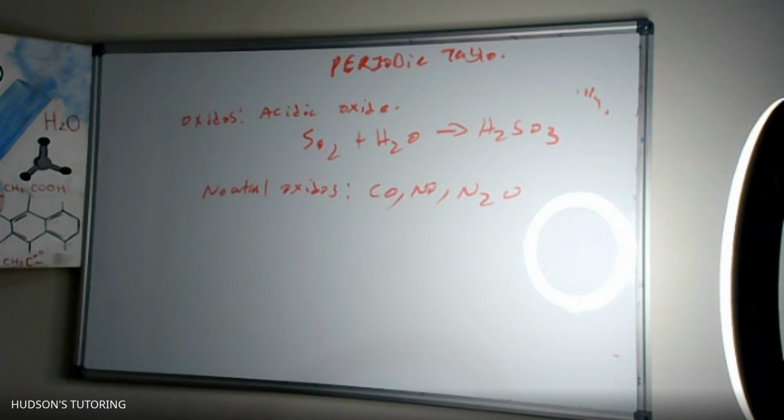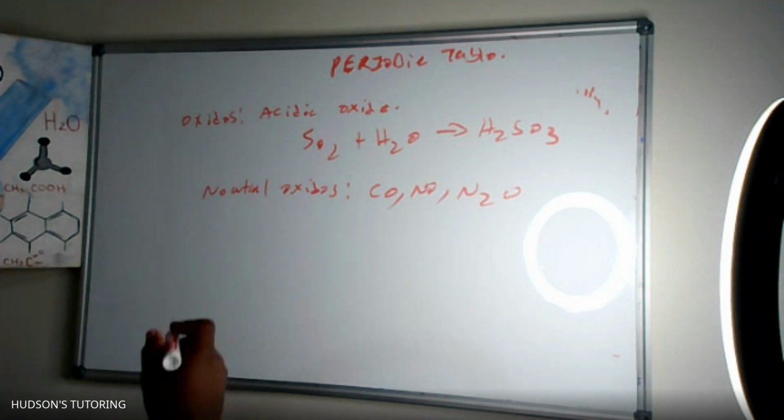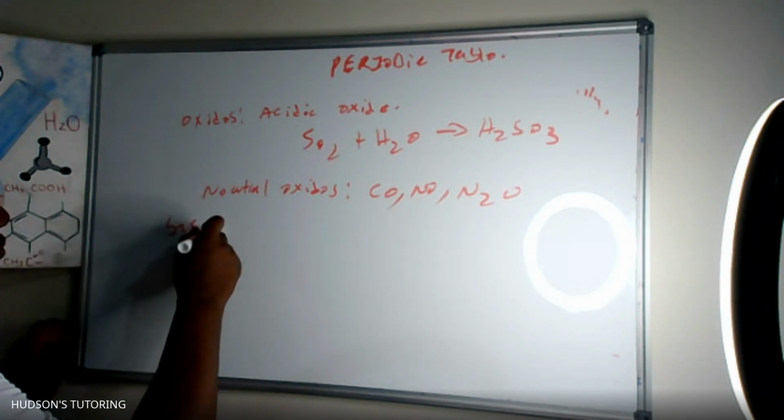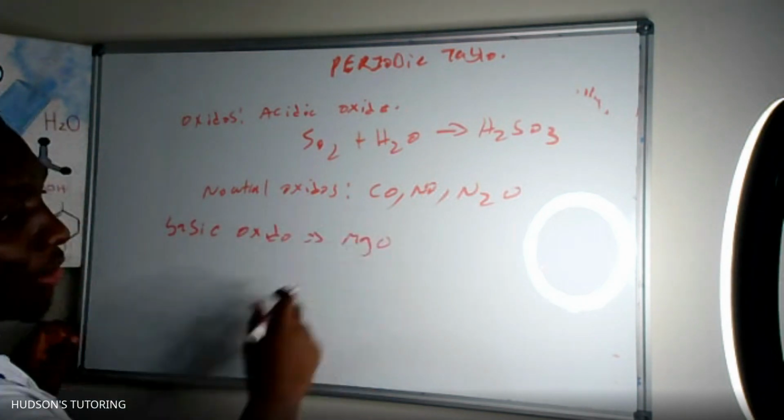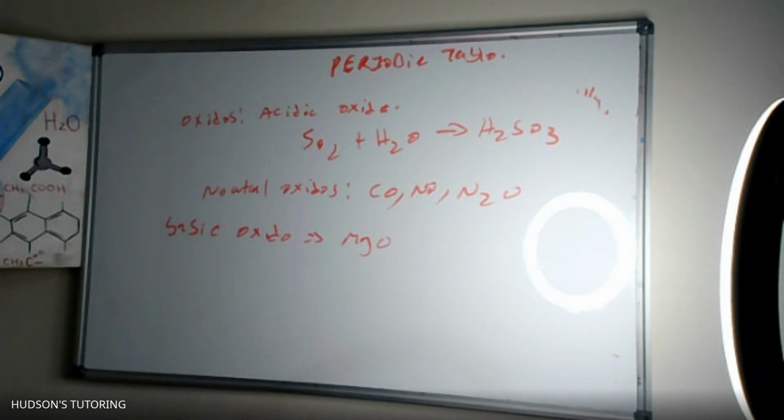So oxides of non-metals are acidic, and oxides of metals are basic oxides. So if I have something like magnesium oxide, then this is a basic oxide because it's an oxide of a metal. All right, good to go.